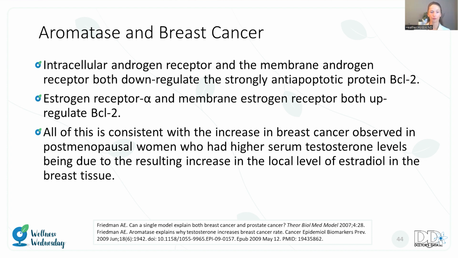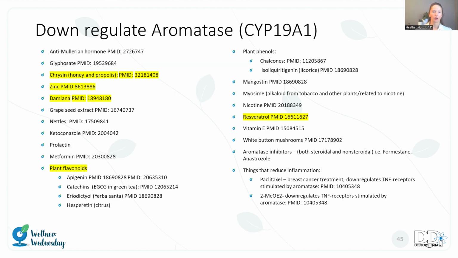How can aromatase be downregulated? So I've highlighted some common ways to do this, but you also want to think about improving stress coping, avoiding xenoestrogens, lower glycemic index diet if needed, reducing adipose tissue as you can, reducing alcohol, and then zinc, chrysin, damiana, grapeseed extract, and nettles.